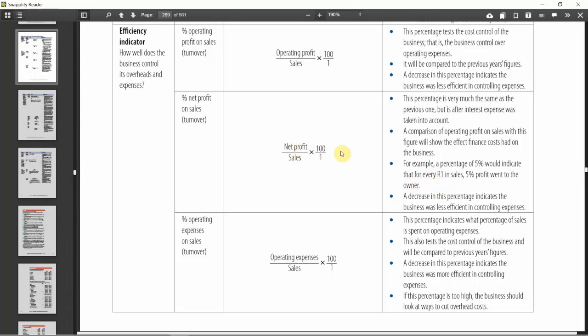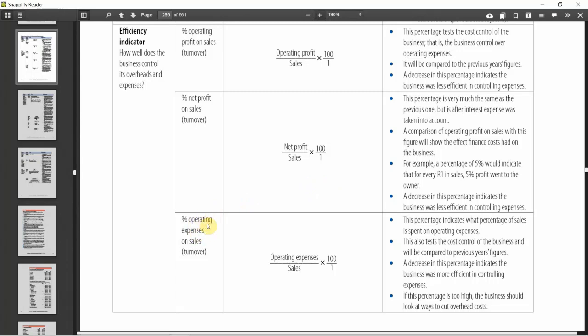For example, if you get the answer of 5%, it means for every 1 rand of sales, 5% of the profit will go to the owner. Okay, so usually a decrease in this ratio indicates less efficiency, whereas an increase in this ratio from one year to the next will indicate better efficiency.